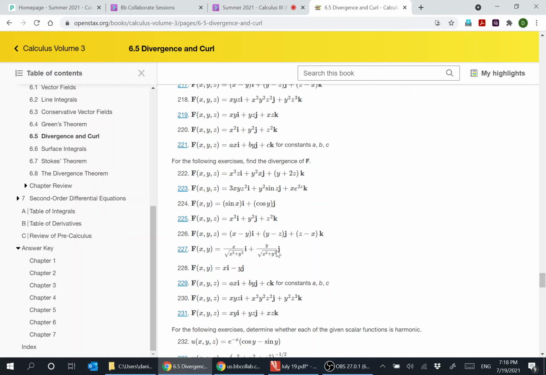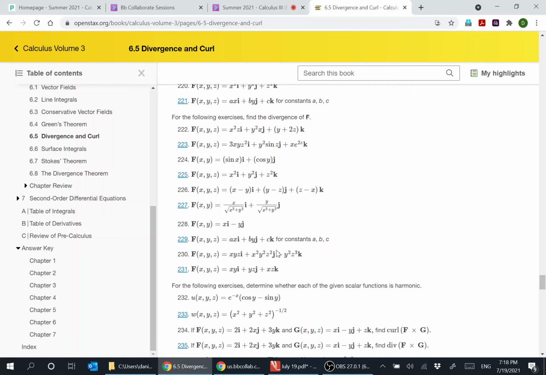So x over square root x squared plus y squared, and y over square root x squared plus y squared. So that is a 2-dimensional vector field, but it can always be placed in 3 dimensions by just sticking on another coordinate, which is 0.